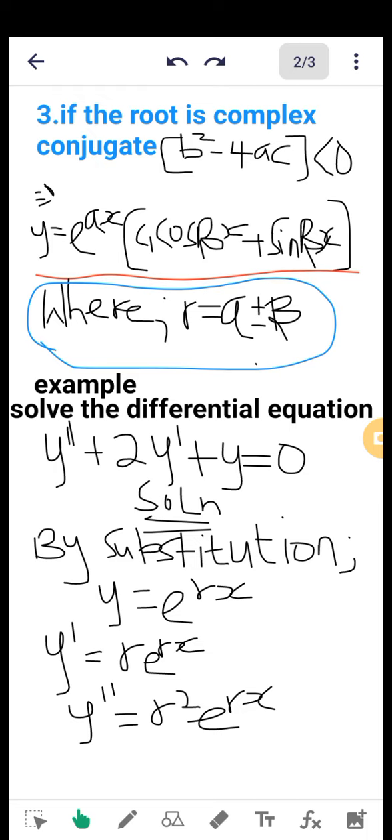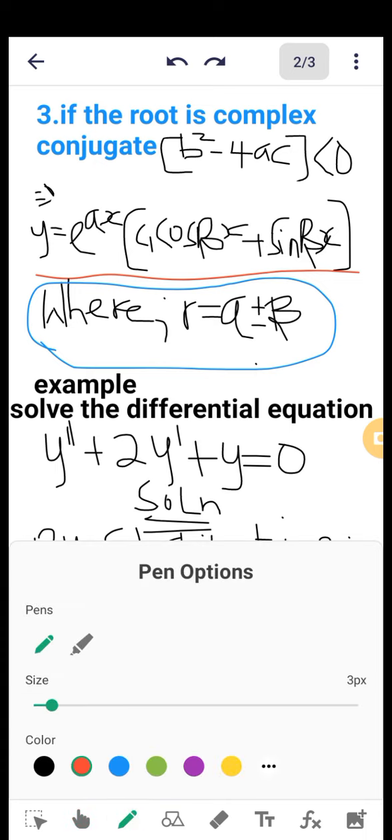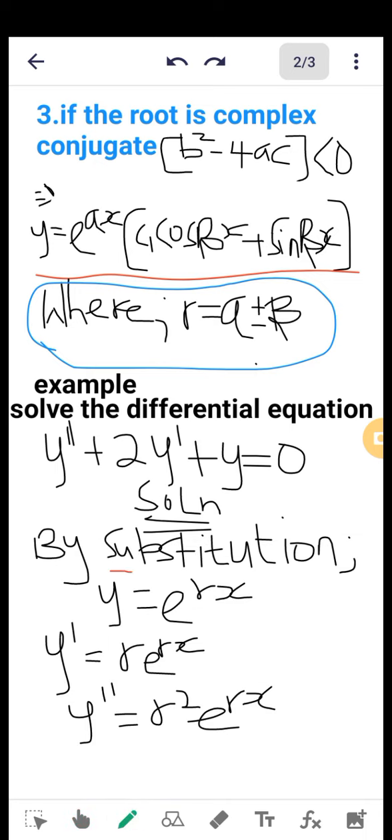Solution. For a homogeneous constant coefficient equation, we make this substitution: we let y be equal to e exponent rx. We don't know the function, so we assume that this is my solution.